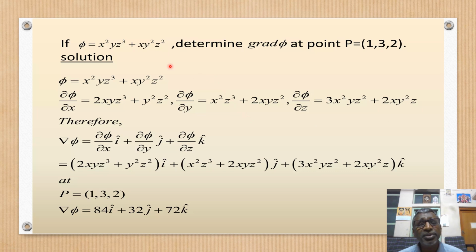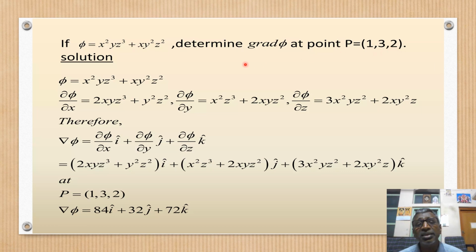Next, we'll calculate a simple example on the gradient. Here we are given a scalar point function x square y z cube plus x y square z square, and we have to determine the gradient of phi at the point P equal to (1, 3, 2).